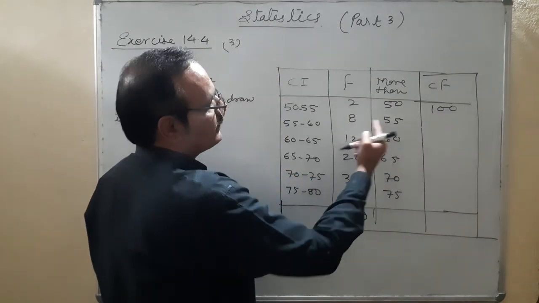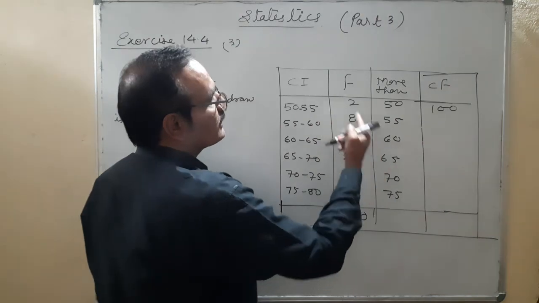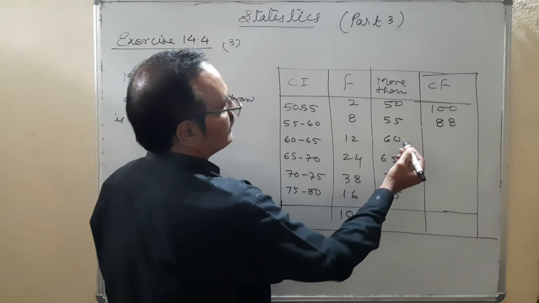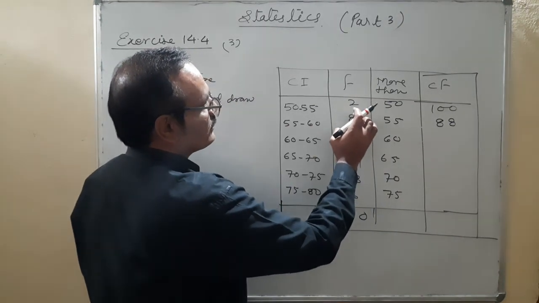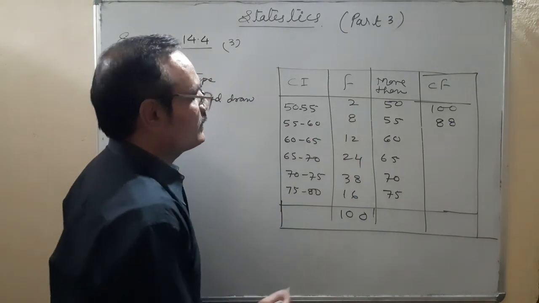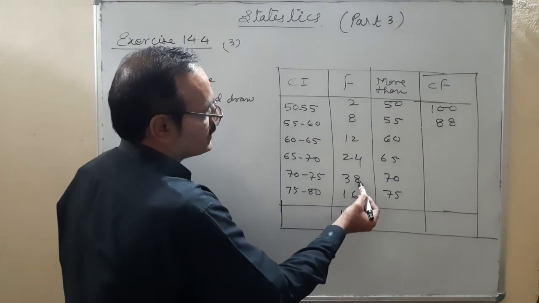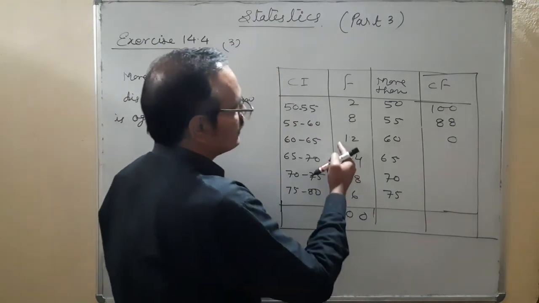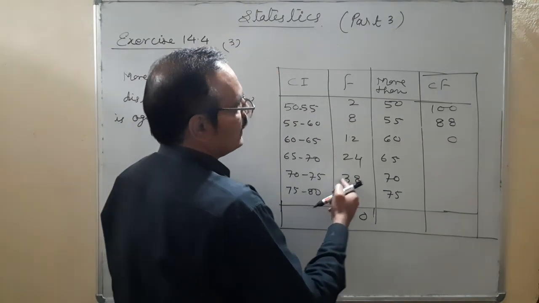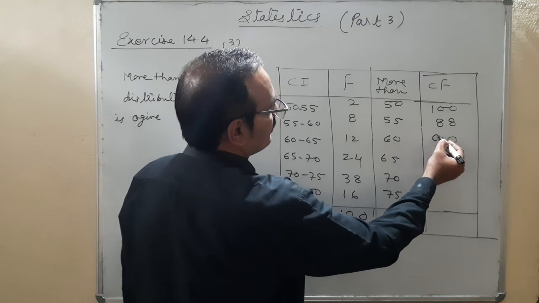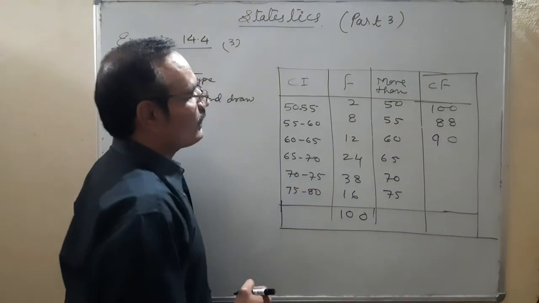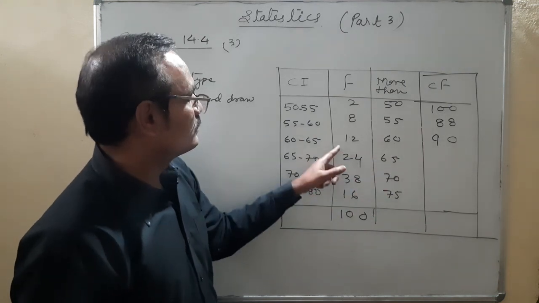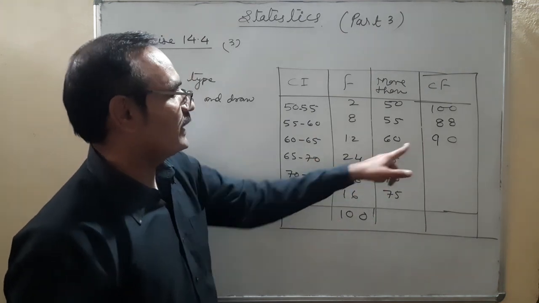More than 55, adding from here to here everything. So that means 100 minus 2, it is 98. More than 60, these two, 8 and 2, will be subtracted. Addition of these gives 90.